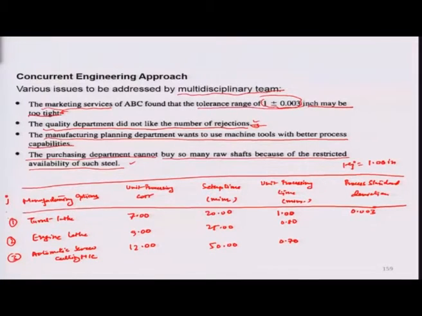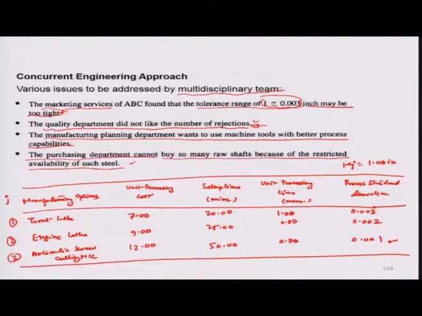So, this is the jth manufacturing option, let us say. In case of the engine lathe, it happens to be 0.002, and in case of the ASM, it is even more tighter control, 0.001. So, this is the most precise machine, the automatic screw cutting machine, which is available. And this is the order of precision. The order of precision sort of goes down as one goes from the j equal to 3 to j equal to 1 option. So, therefore, the first concurrent engineering team meeting begins with all this information on board.